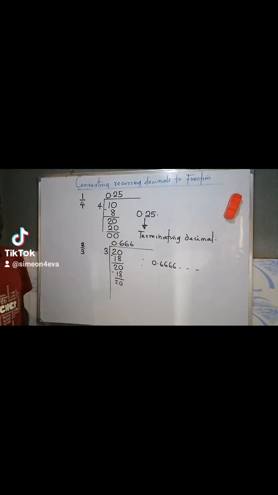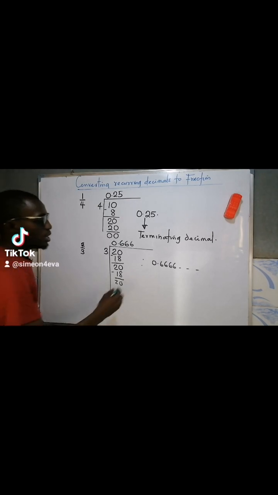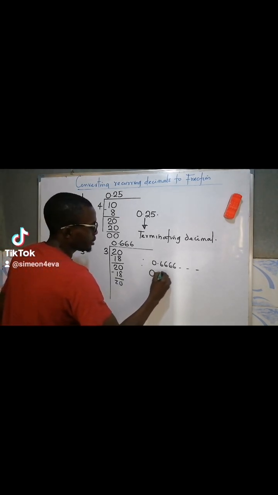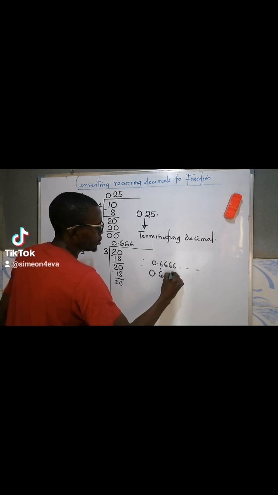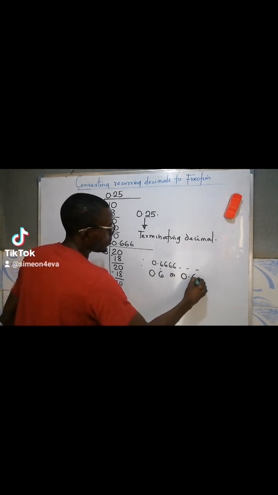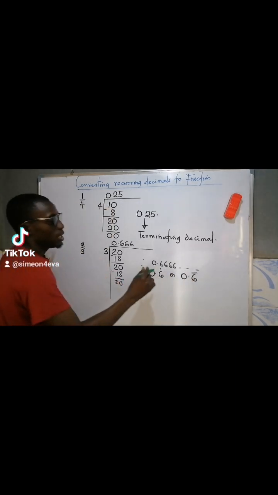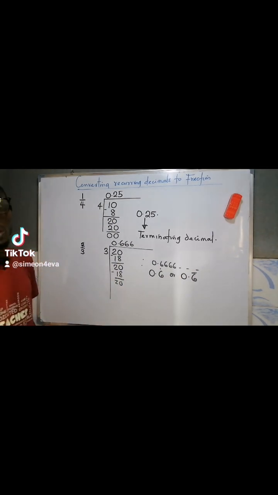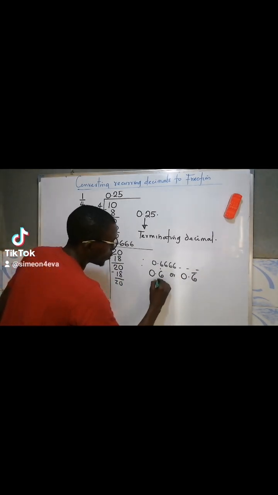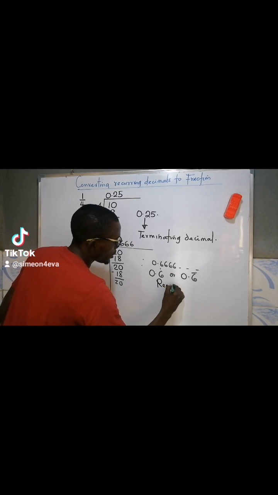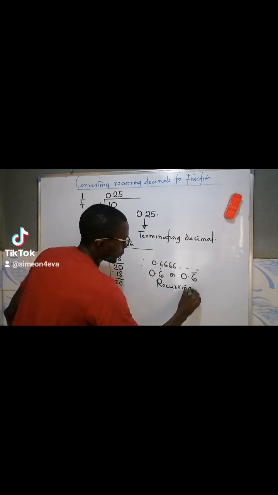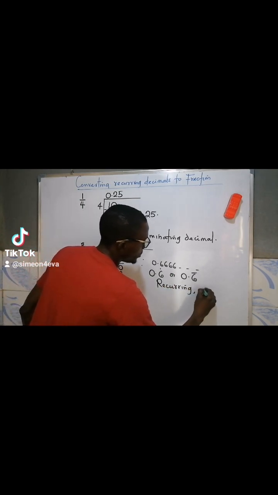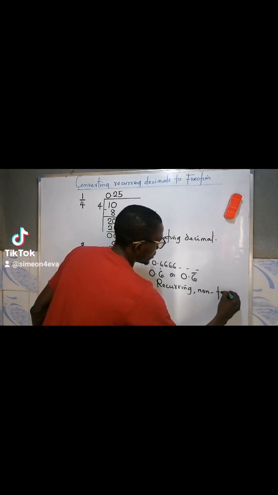But this tends to infinity, and for that reason, we can also rewrite this as 0.6 with a dot, or using your scientific calculator, you have 0.6 recurring. This doesn't have an endpoint, and for that reason, this is called recurring non-terminating decimals.